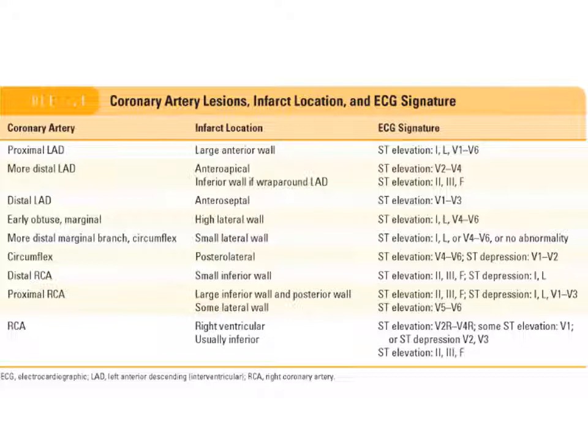There are some manifestations in that. What will be affected is the large anterior wall. It's affecting the main big muscle of the heart, the pump of the heart, which could put the patient in a problem. The other one, this is the proximal.